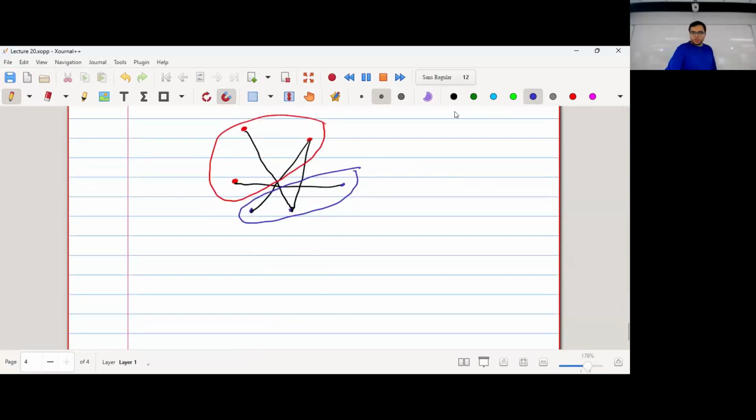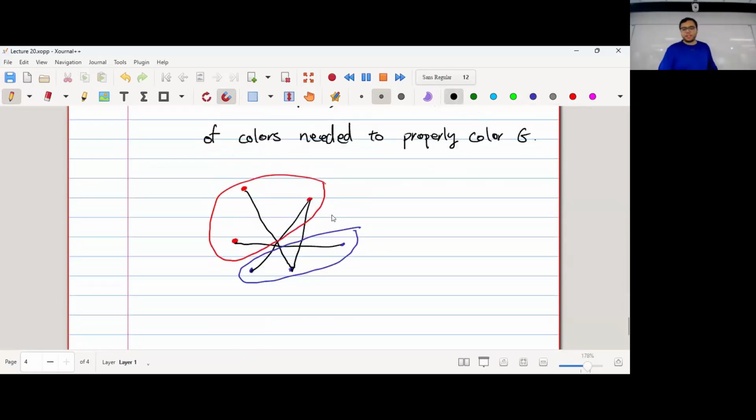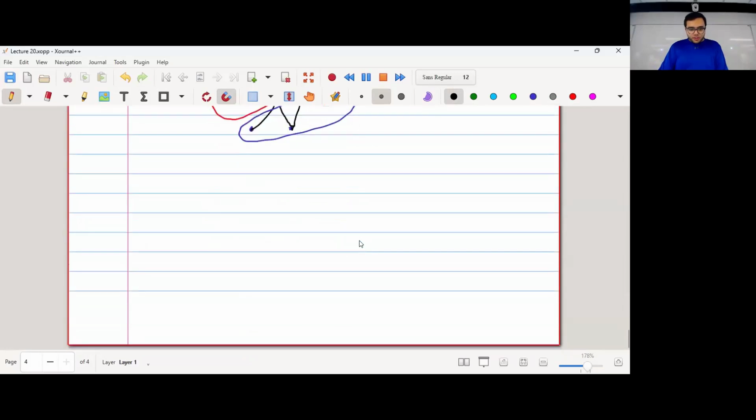Great. Now we want to prove some bounds on how many colors we will need to color a graph. First of all, I'm going to remind you of two definitions. An independent set is a set of vertices that have no edges between them.